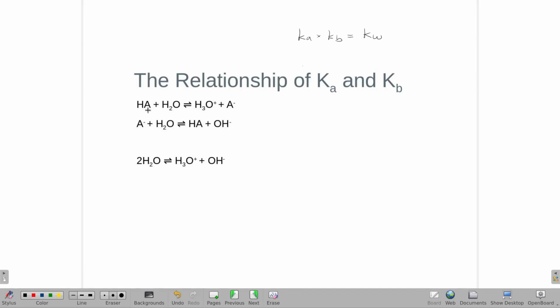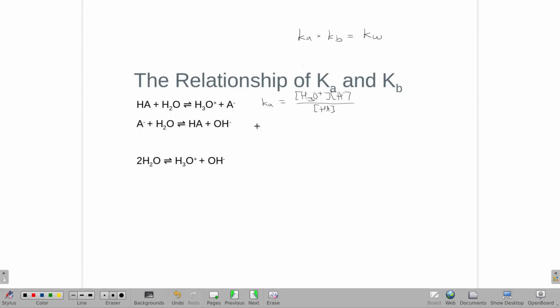All right, so you notice how this is just our acid equation? Well, that gives us a Ka, which is H3O and A minus all over HA. Now, technically this is a base equation, but rather than say base turning into HB plus, we said A minus turns into HA.